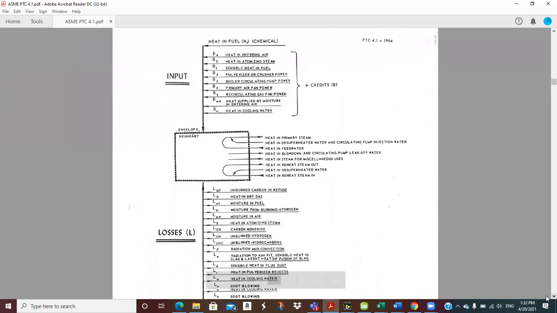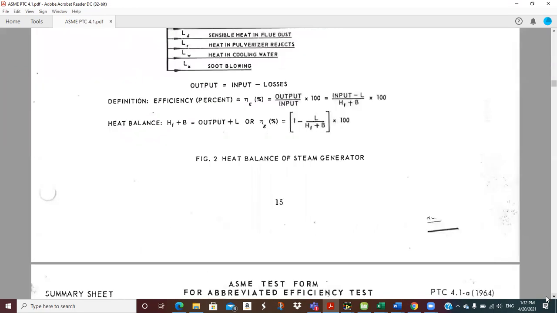So let's go down at the bottom, look at the equations, and then we'll go up and look at all the different items. Okay, so just efficiency definitions. We can do it with output divided by input, or we can do it as input minus losses over input. So he's doing some very simple algebra up here. Efficiency is output over input times 100.